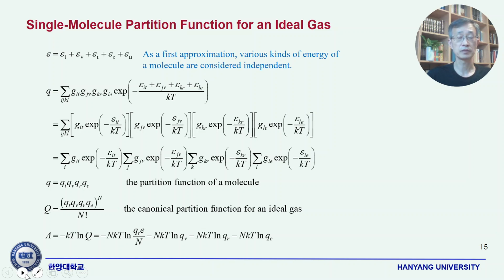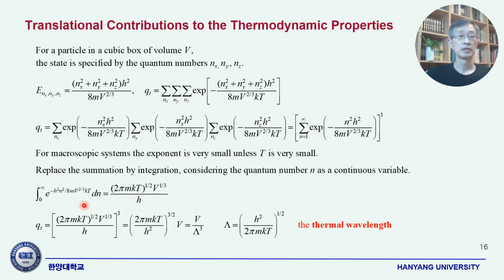Once we obtain A, we can get all the other thermodynamic state functions. So we'll do firstly the translational contributions to thermodynamic properties. So now we consider molecules in a cubic box of volume V, and one length of the cube is V to the 1/3 power.